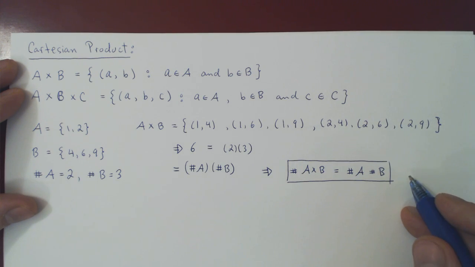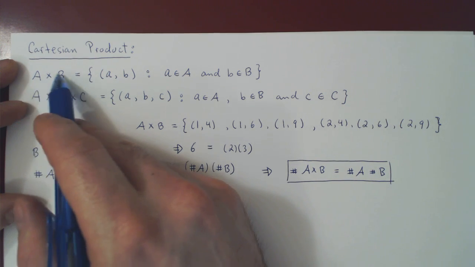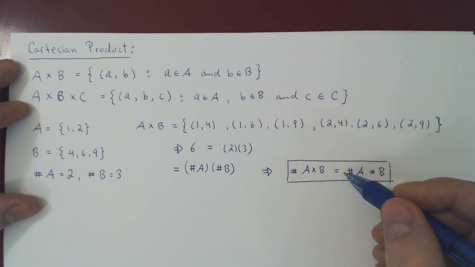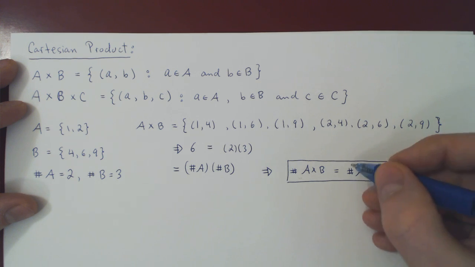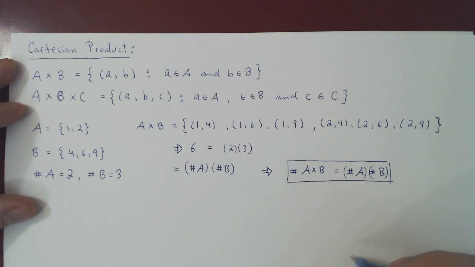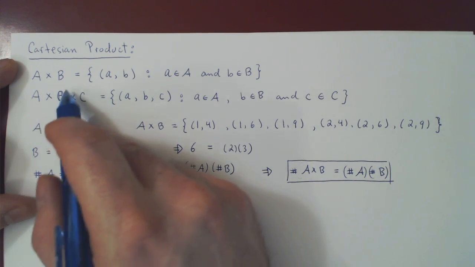And this is always true. So if you take the product of 2 sets and you ask how many elements do I have now in this new set, the answer is the number of elements of the first times the number of elements of the second. Of course, if you had A times B times C, and you ask, well, what's the size of this?